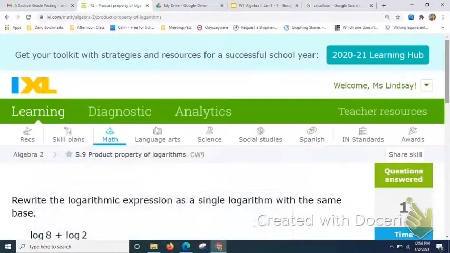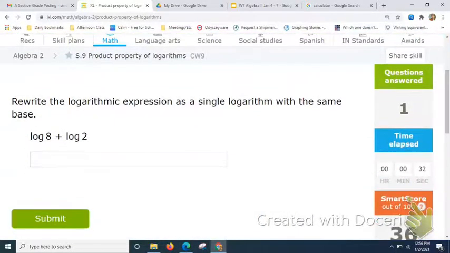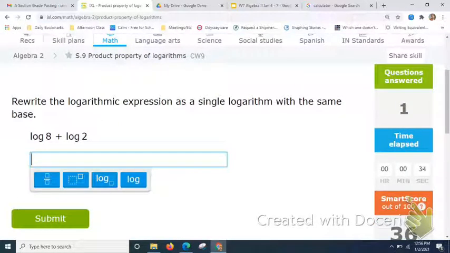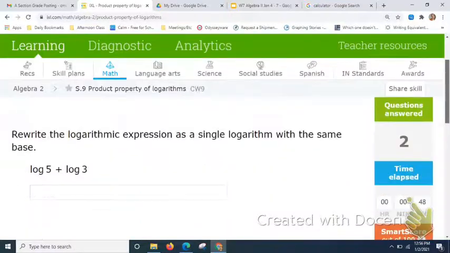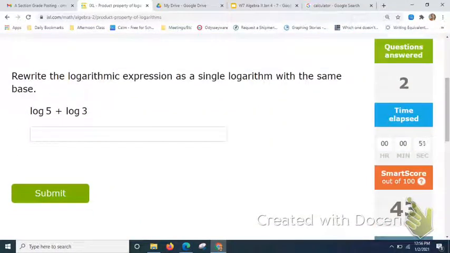Let's jump ahead and see what else we've got here. So here we're going to a single logarithm, so that's the same thing as condensing because we're going down to a single. So addition goes with multiplication. So 8 times 2 makes that 16. Same kind of thing, 3 times 5, this would be log of 15.